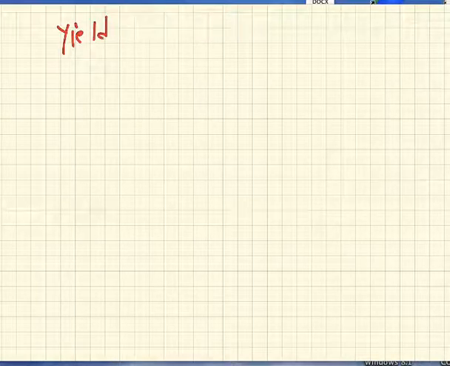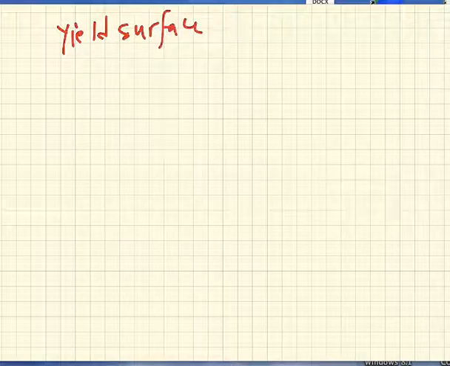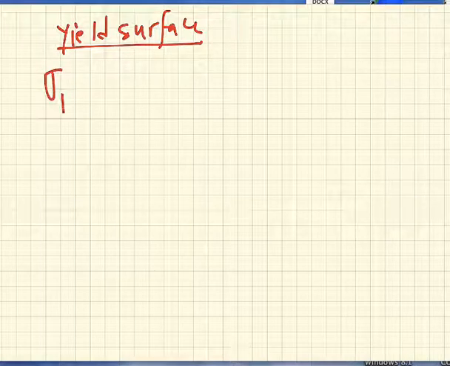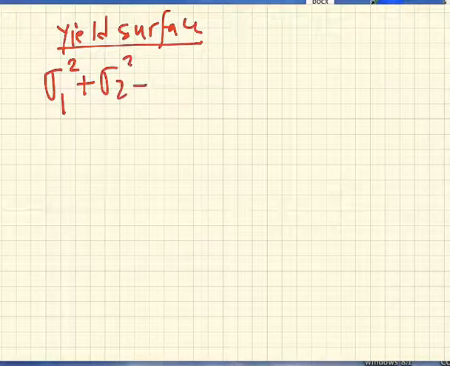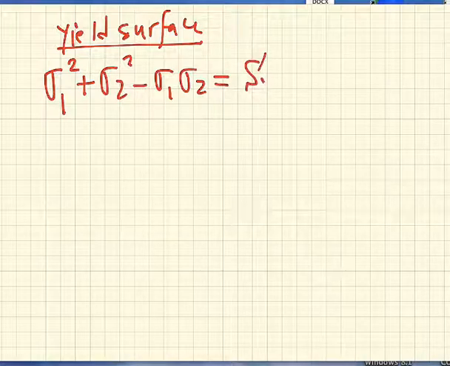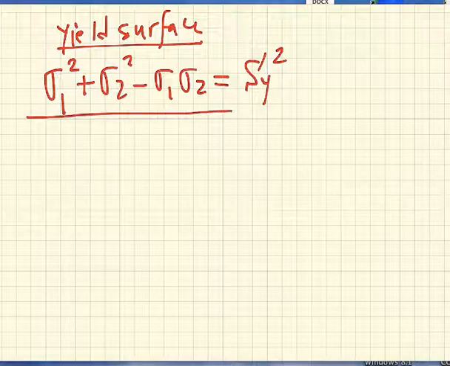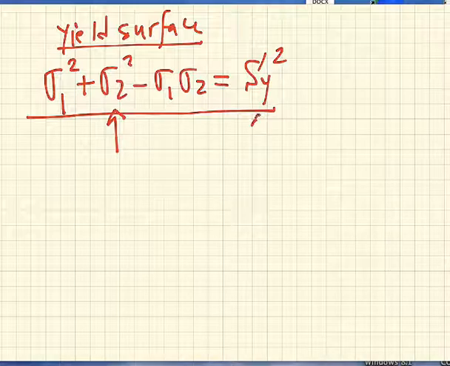On the plane that has sigma 1, sigma 2, the yield surface is actually a yield line, and the line is given by this equation: sigma 1 squared plus sigma 2 squared minus sigma 1 sigma 2 is equal to S yield squared. So this is the same relationship that defines the von Mises stress. On the left hand side is the square of the von Mises stress. On the right hand side is the yield stress squared.